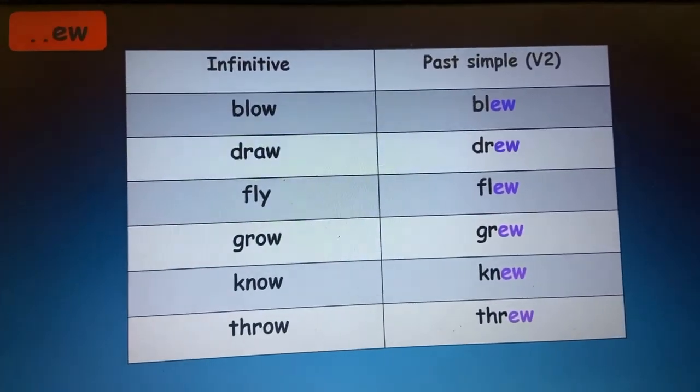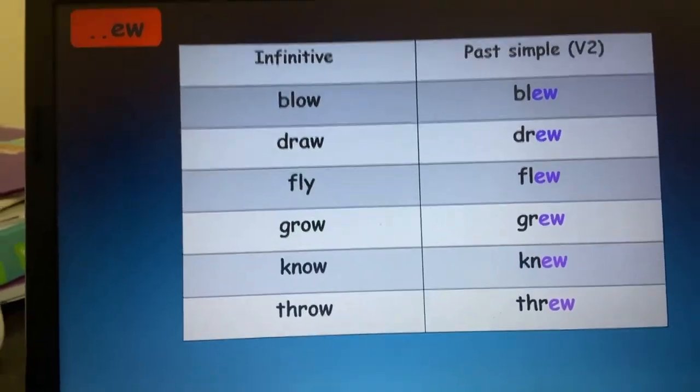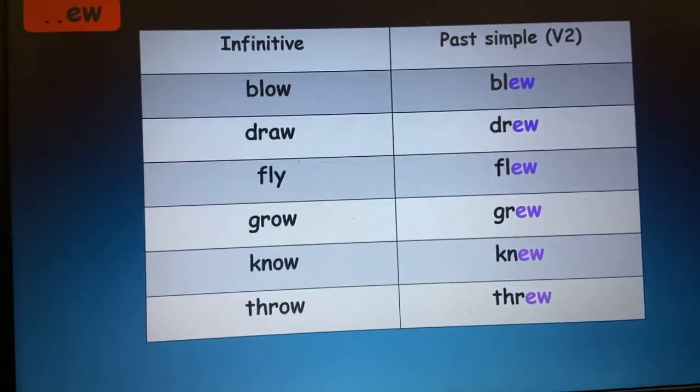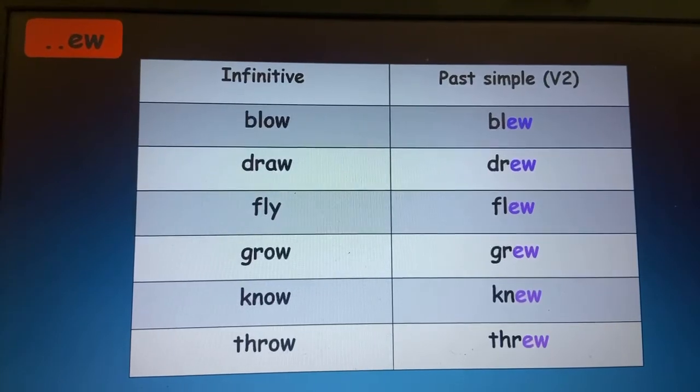Here we added E-W. We pronounce it as oo. So let's read the infinitive form, then the past simple form. Blow, blew. Draw, drew. Fly, flew. Grow, grew. Know, knew. And throw, threw. One more time. Blow, blew.